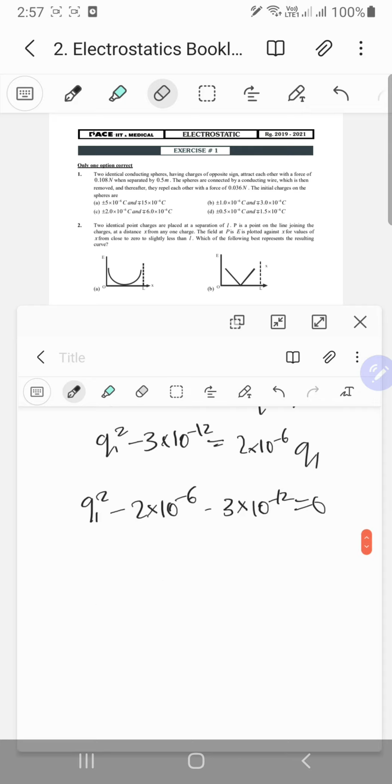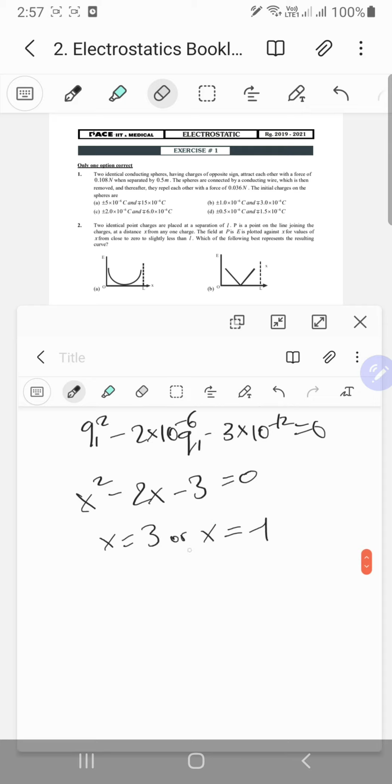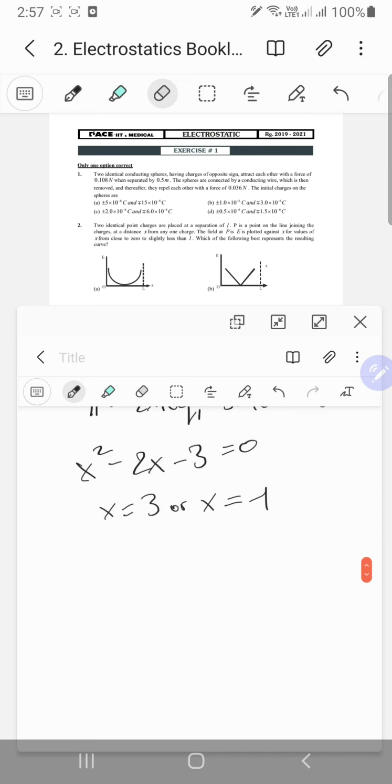Let's call Q1 upon 10 power minus 6 as x. So x squared minus 2x minus 3 equals 0. So x equals 3 or x equals minus 1.